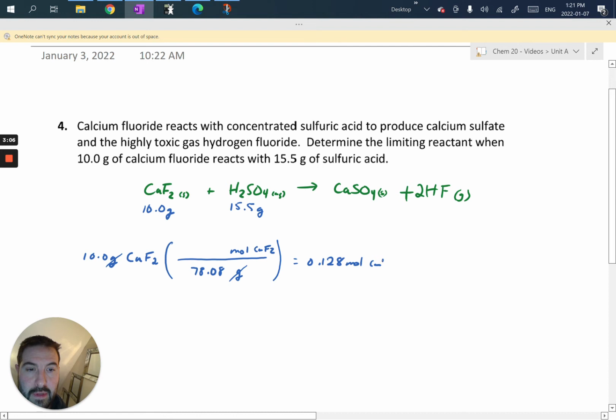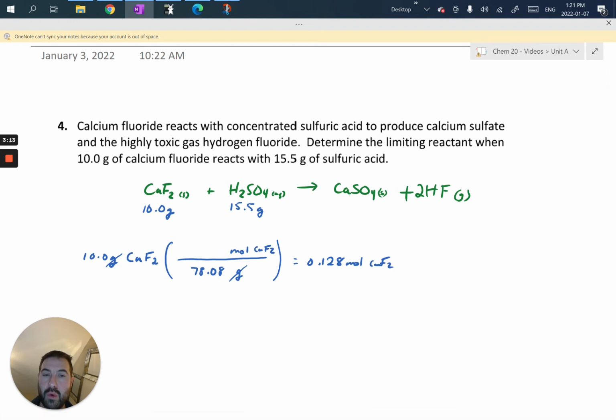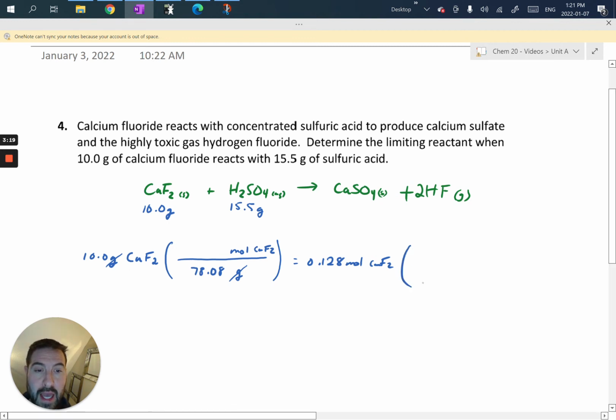Now I'm going to figure out how many moles of H2SO4 I need to completely react that. I'll use my molar ratio, which in this case is a 1-to-1 ratio.